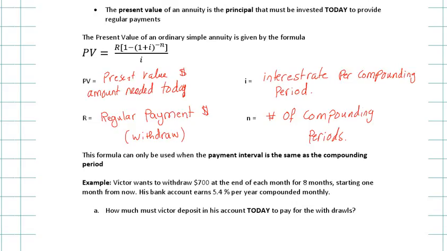As per the previous formula, this can only be used if your regular payment interval is the same as the compounding period. Okay, so if it's a monthly compounding period, then your regular withdrawal has to be monthly.